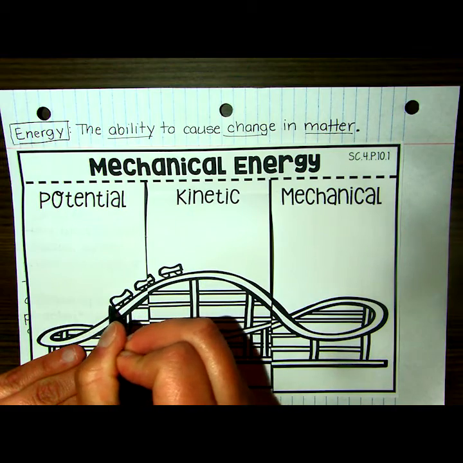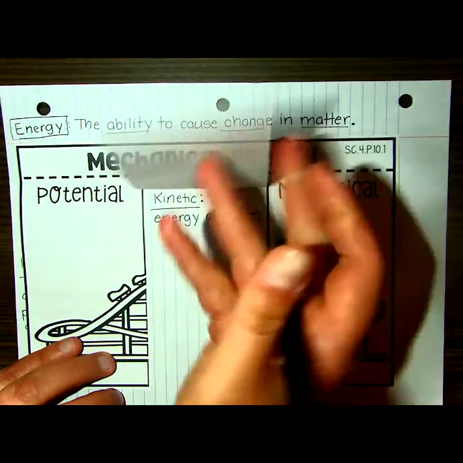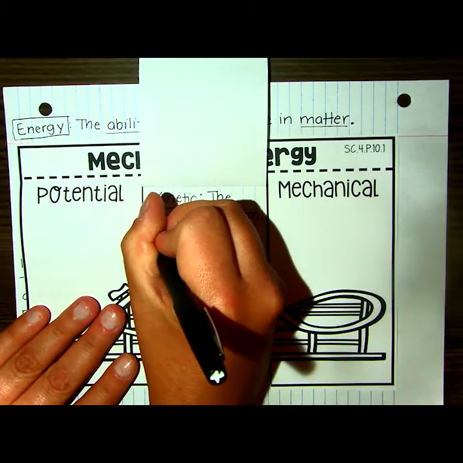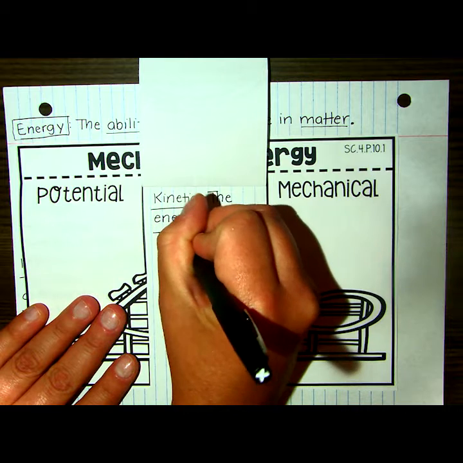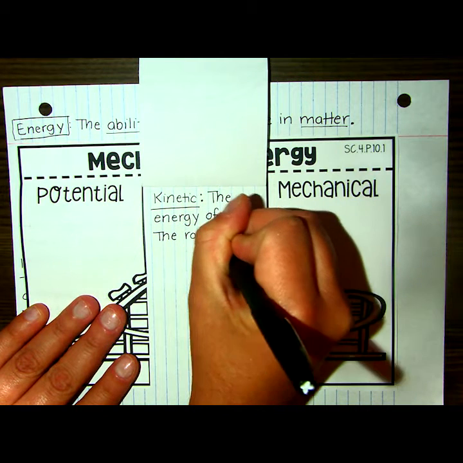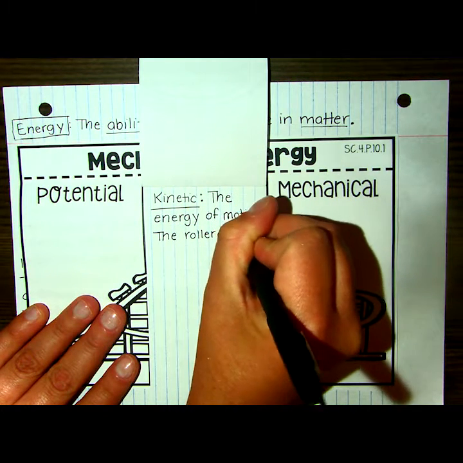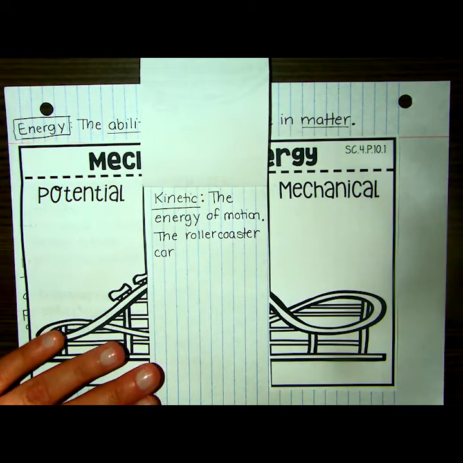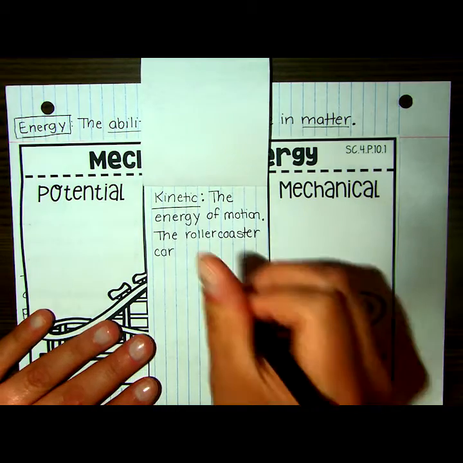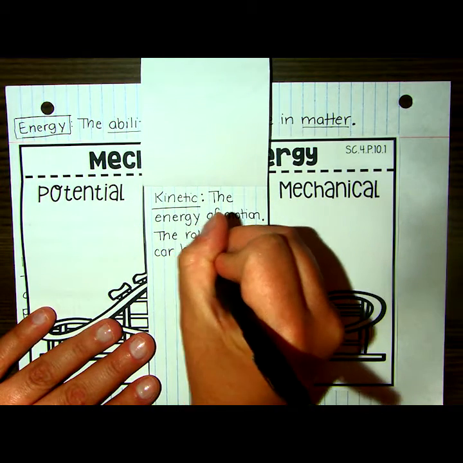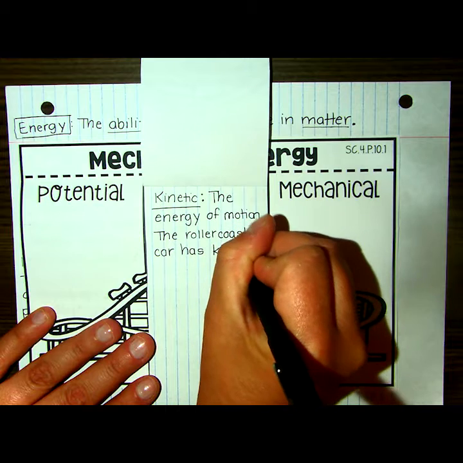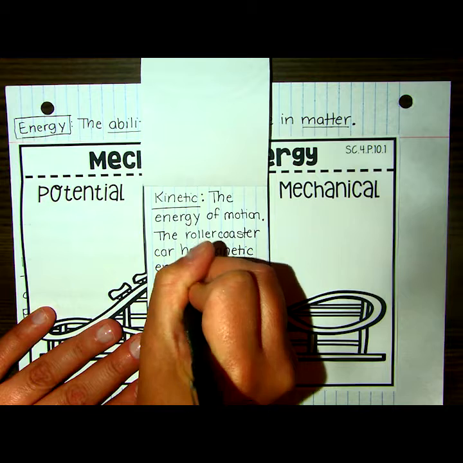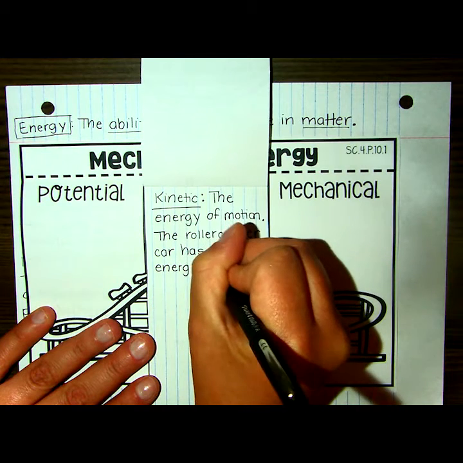So once the car starts to move, the energy of motion, and we'll refer back to our example, the roller coaster car, has kinetic energy as it moves along the track.